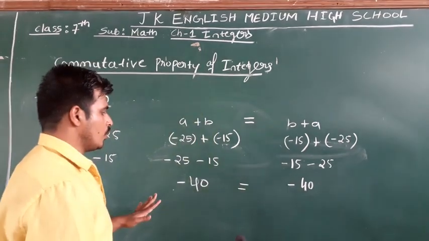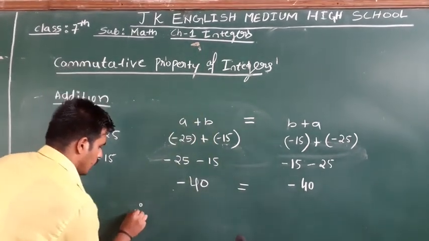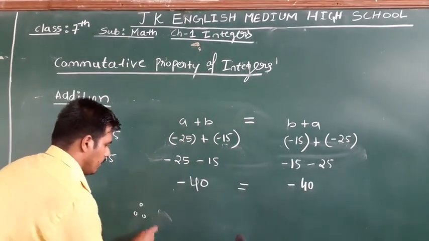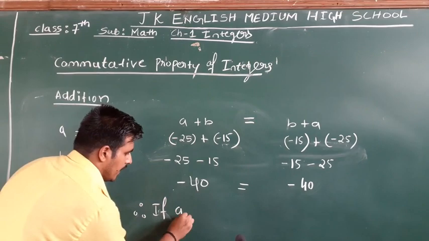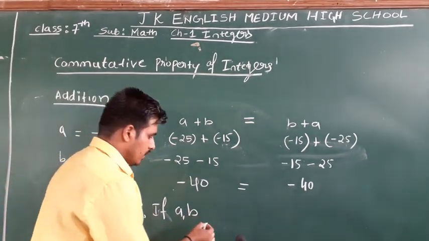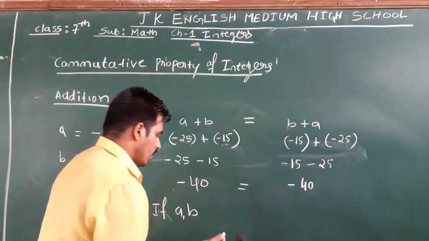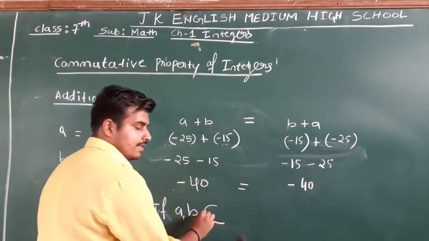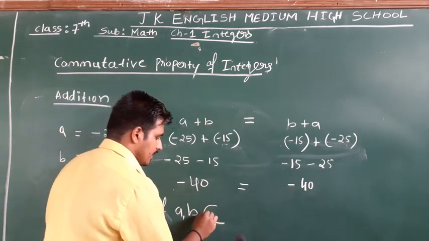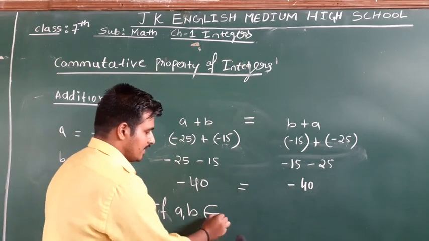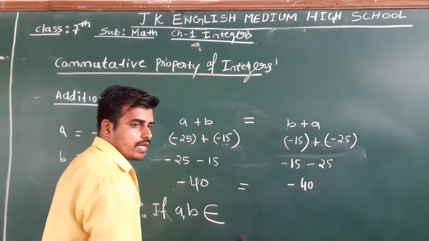So what is our conclusion? Therefore our conclusion is, if A, B, instead of writing belongs to, I can use one symbol. It's like a mixture of a C and an E. This symbol is known as belongs to.